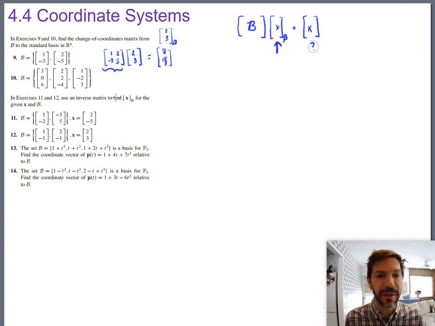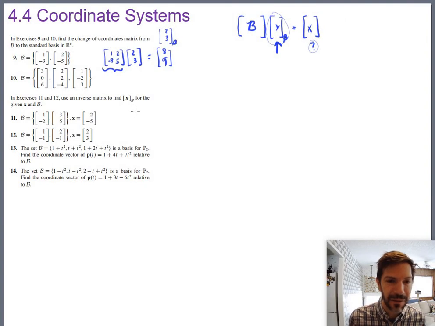For 11 and 12, they say use the inverse matrix to find x_B. So this time they're asking you to come up with this part, and notice the vector matrix equation you're trying to solve would be this one.